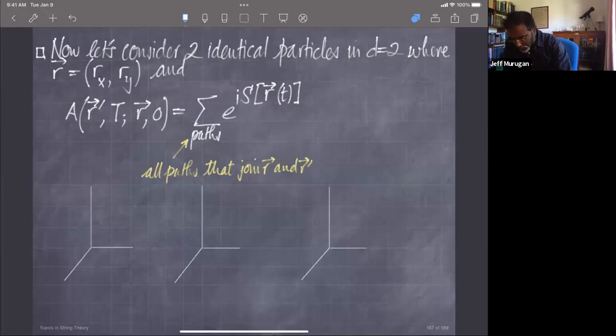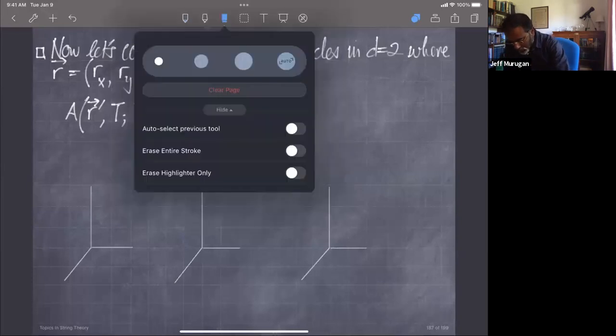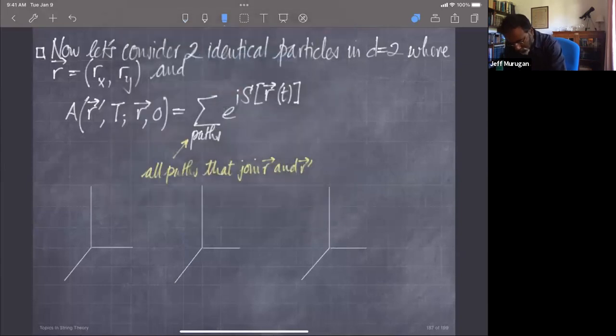And again, I'm going to remove the origin because I'm going to consider 2 particles that interact with some infinitely strong interaction.